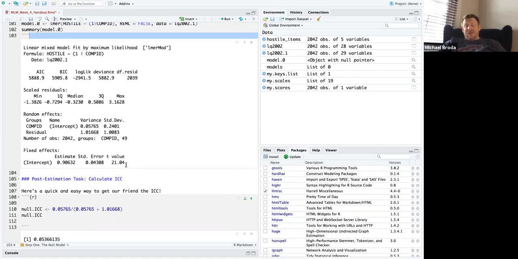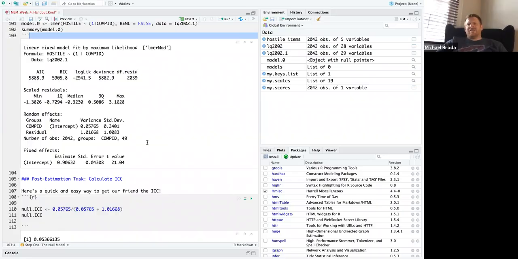But anyway, if an estimate is 4 or 5 or above, you can be very confident that it is statistically significant. If it's below 2, you can start to wonder; it's probably not going to end up being statistically significant. And I'll show you a way to get an exact p-value.